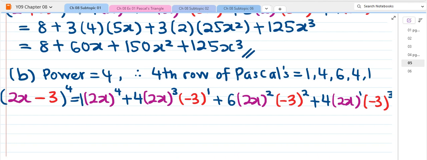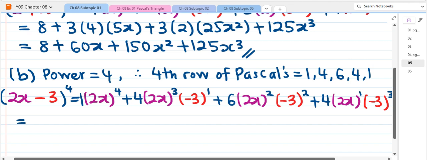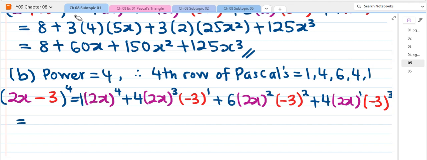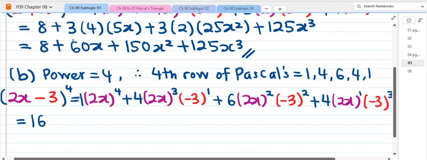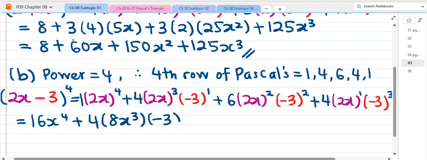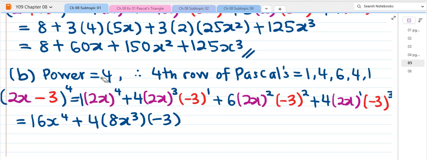All right, now let's simplify this one. So over here, it's a direct 2x to the power 4. So 2x to the power 4 is 16x to the power 4. Plus, let's have a look here. 4 and 2x cubed is 8x cubed, and negative 3 to the power of 1 is still negative 3. So have a look carefully with the terms.